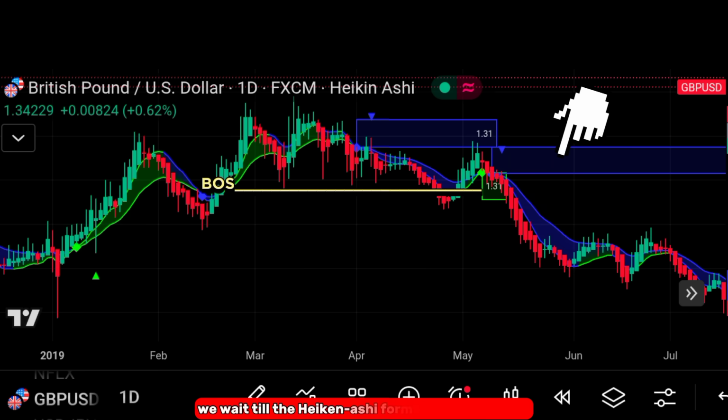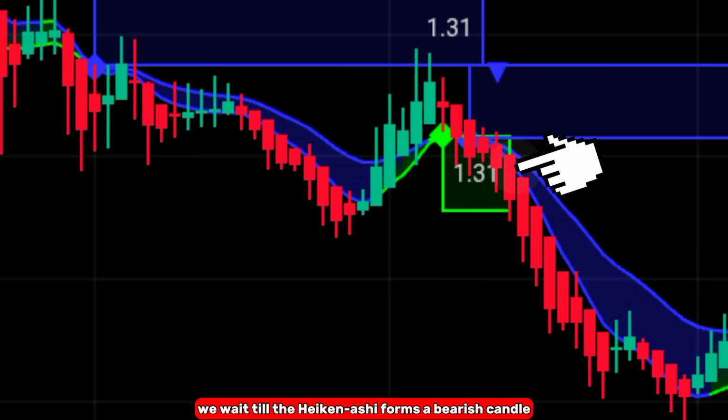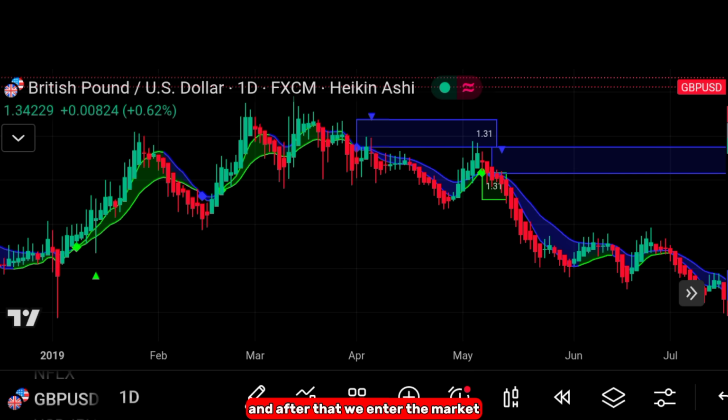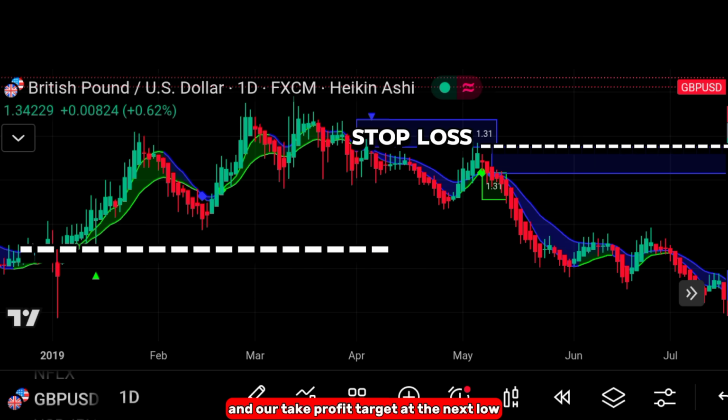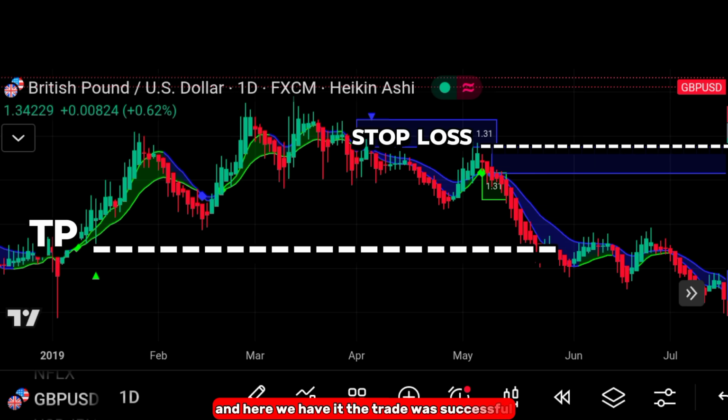We wait till the Heikin-Ashi forms a bearish candle, indicating the full strength of the sellers and giving us the go-ahead to enter the market, and after that, we enter the market, placing our stop loss above the indicator's signal box and our take profit target at the next low, and here we have it. The trade was successful. Our take profit target got hit successfully.